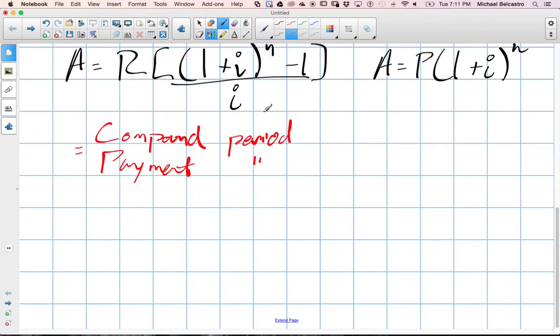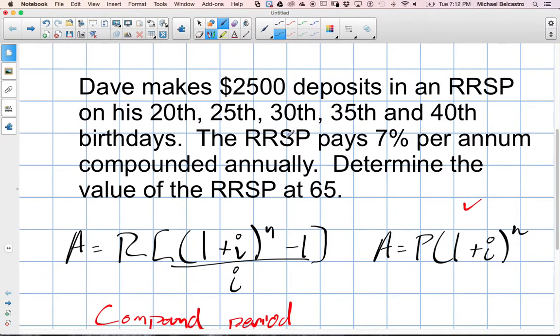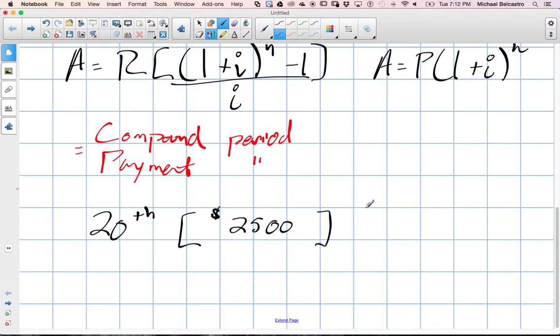So let's draw our timeline. On his 20th birthday, what did they say? $2,500. So he makes it a positive $2,500. Then again on his 25th, so that's a 5-year difference, right?